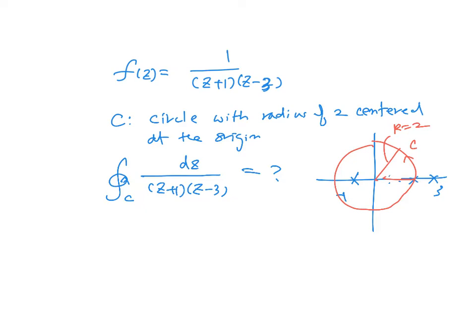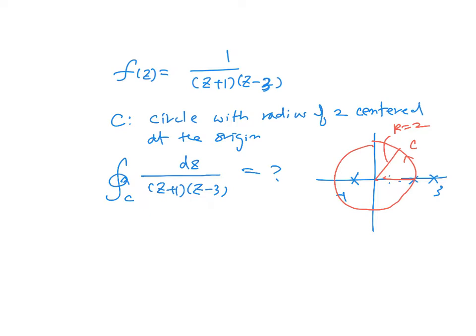So how many points can you see inside of the circle? 1 or 2? 1, right? So z equal to minus 1 is included inside of the circle. So when you do this integration, you don't need to worry about z equals 3. Only the point inside of the circle contributes to this integral.